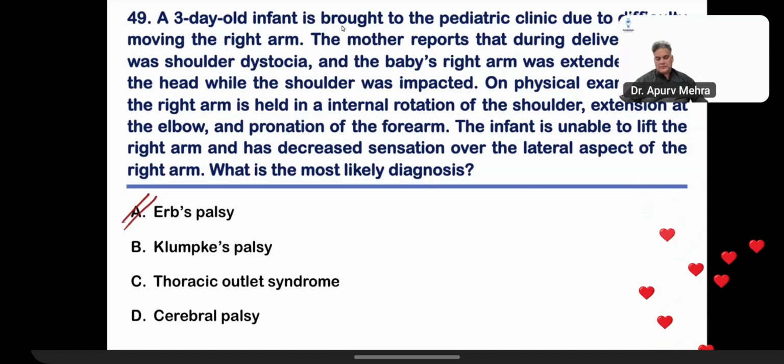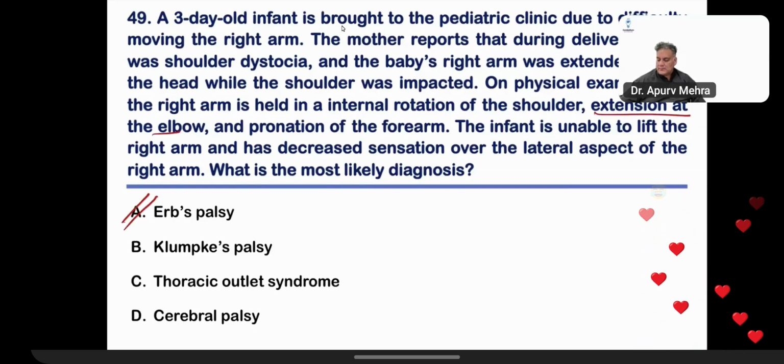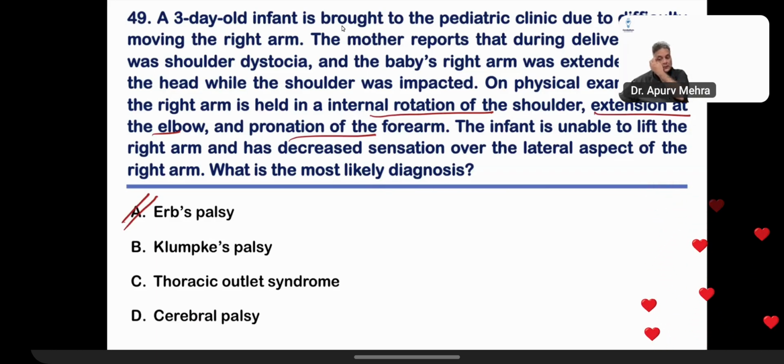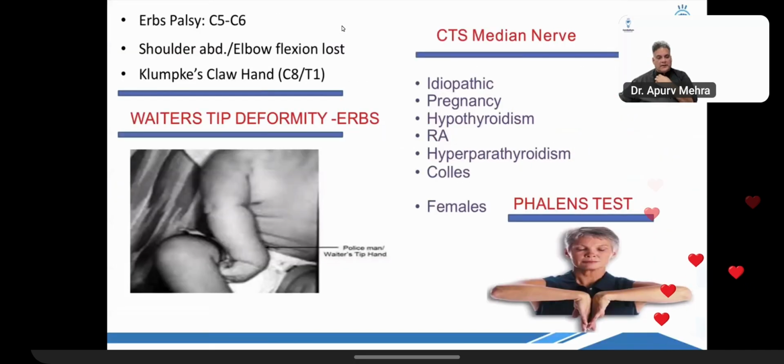Squares of Swansea. Very nice. There is extension at elbow, which is a very important thing, pronation of forearm and internal rotation of shoulder. So policeman or waiter tip deformity.